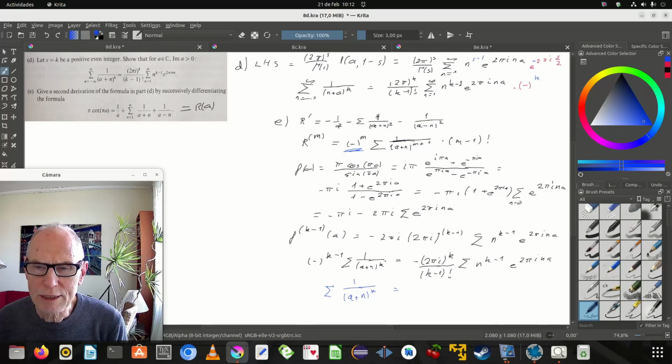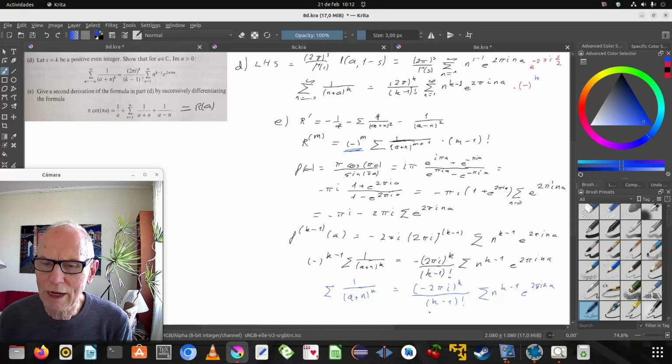And then this minus makes it minus to K, and then we put it in here. So see, twice I get alternating sign.